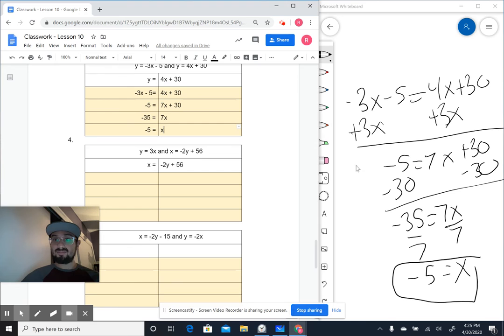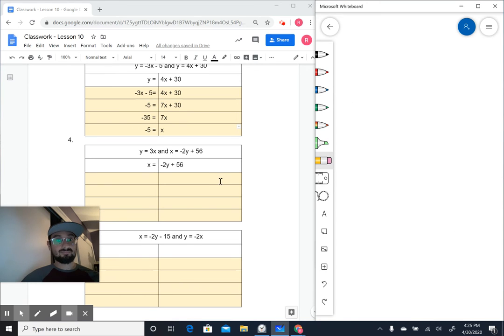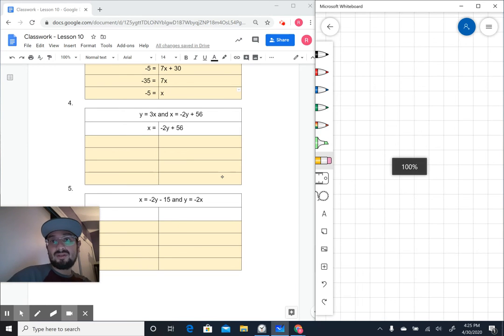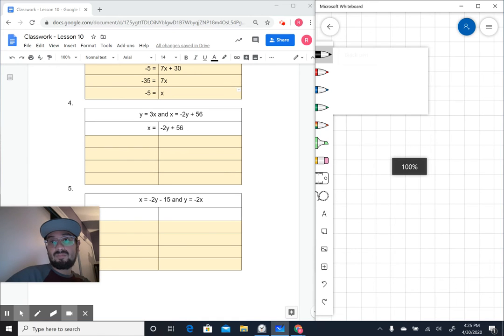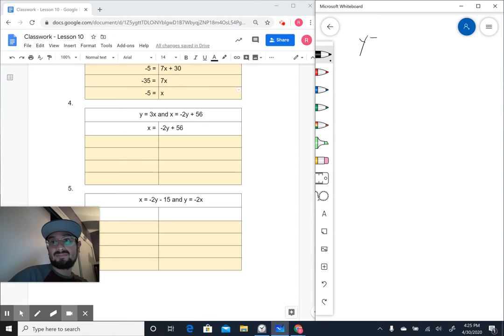Okay, we're going to go to the next one. So here I helped you set up this one. So we have y equals 3x, x equals negative 2y plus 56.